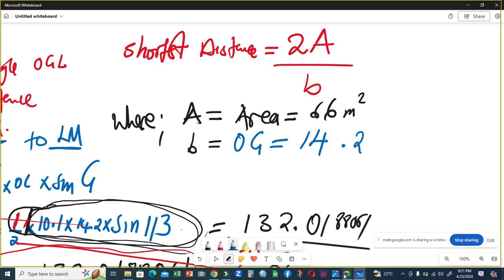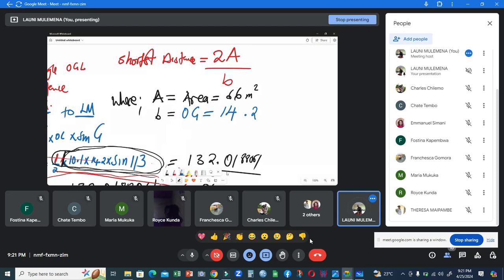Are we okay here? It's actually a very simple question, very simple calculation. People have said they're okay, unless there's someone who is behind. If not, let's substitute.